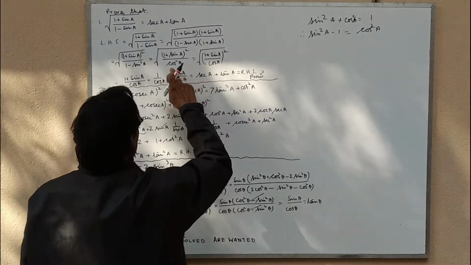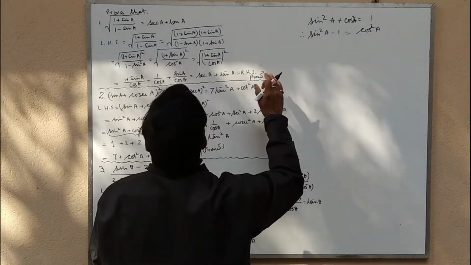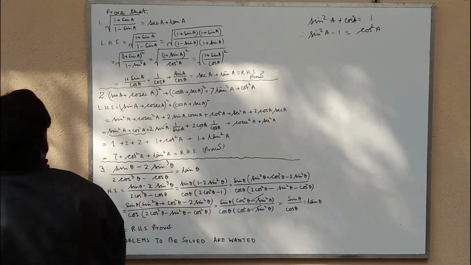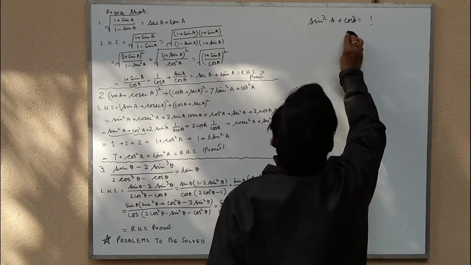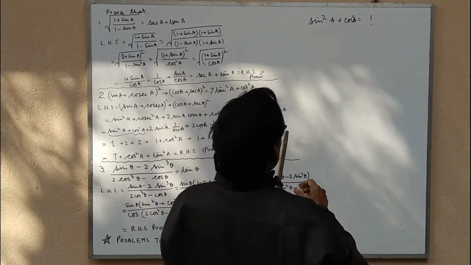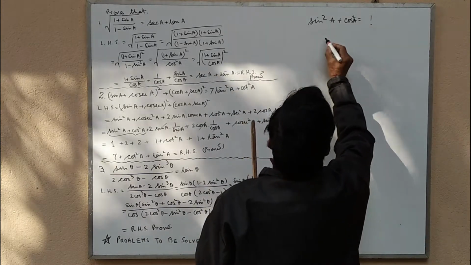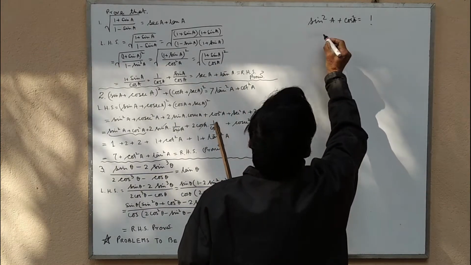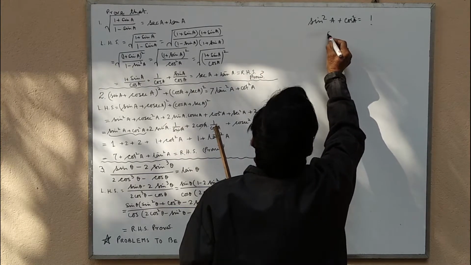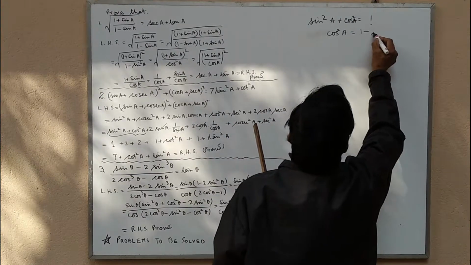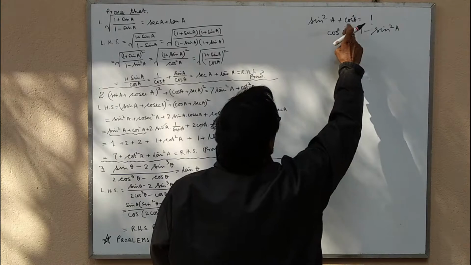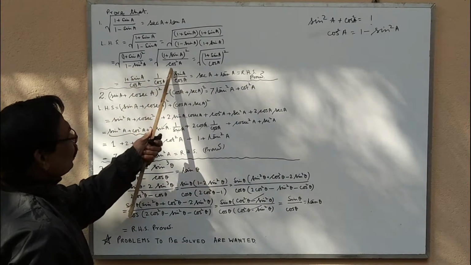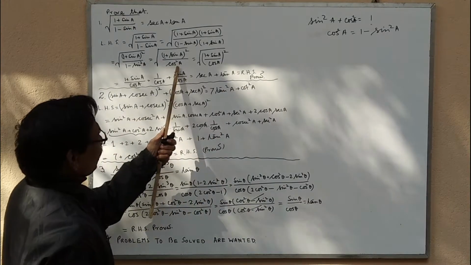Cos square a equals 1 minus sin square a.